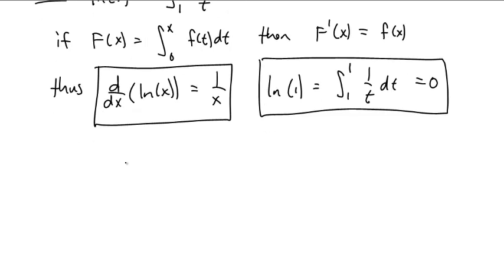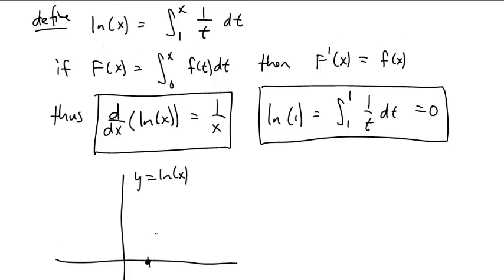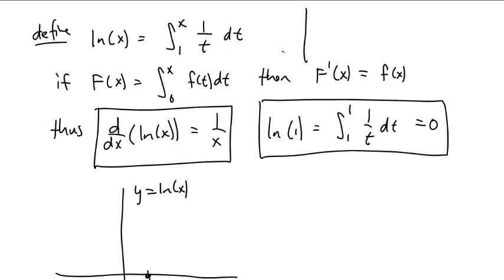This also enables us to say, well, what is the graph of y equals ln of x? We know that it goes through 1, 0. Over here we know that the curve y equals 1 over t looks like this. When t approaches 0, it goes off to infinity. As t gets big, it gets small.